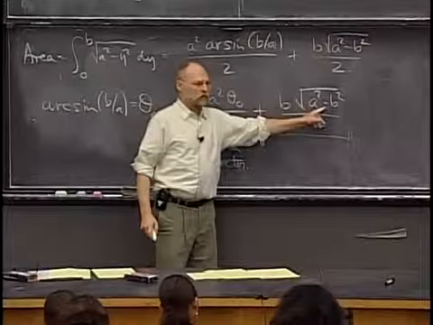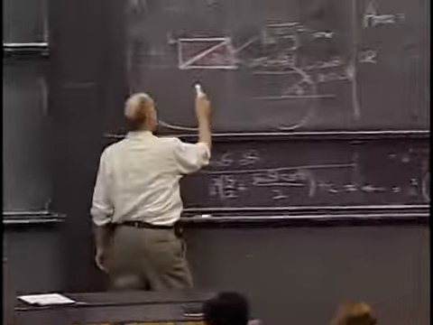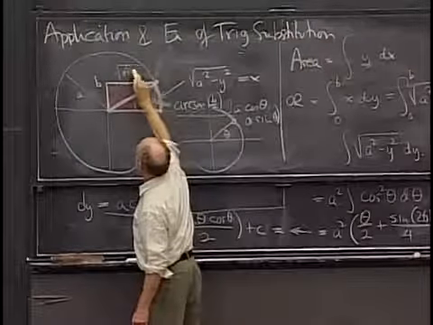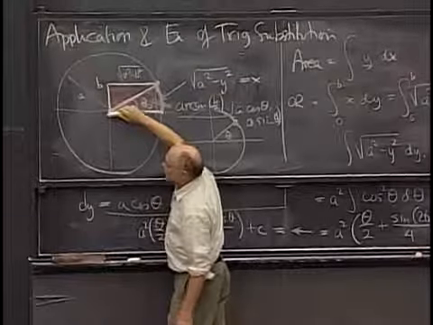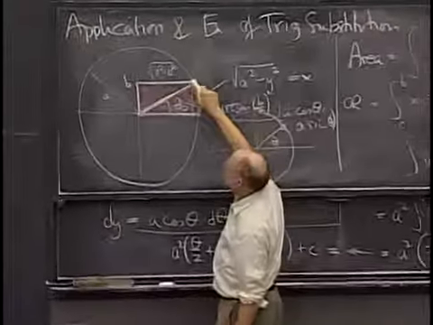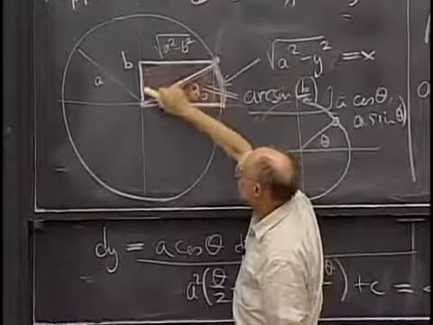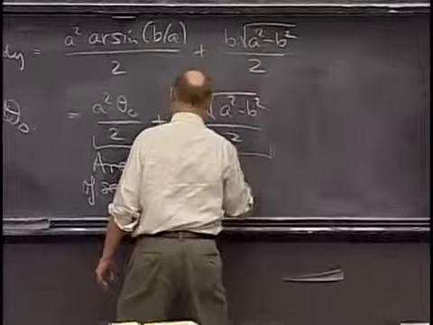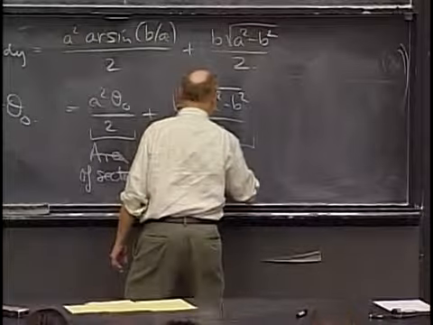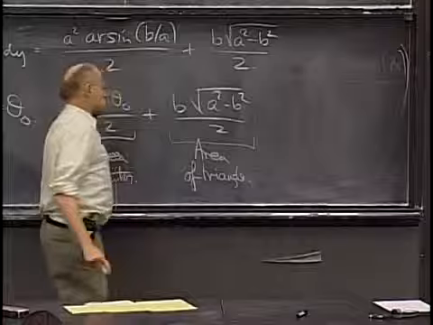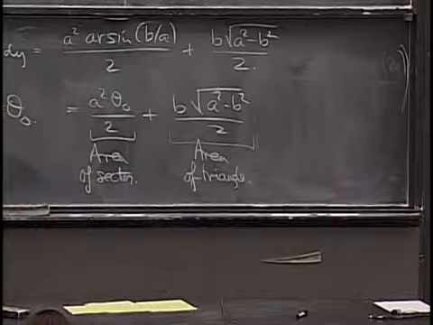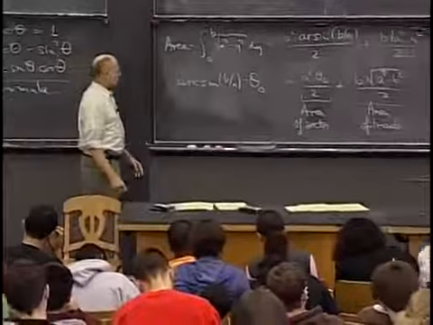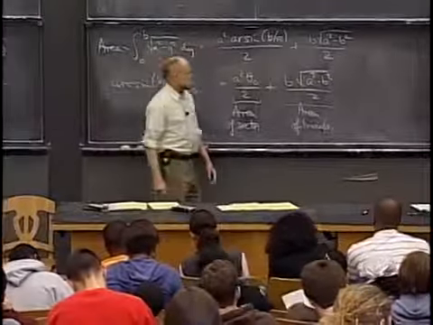This is the horizontal. a squared minus b squared is this distance, square root of a squared minus b squared. So the right-hand term is b times the square root of a squared minus b squared divided by 2. That's the area of that triangle. So using a little bit of geometry gives you the same answer as all of this elaborate calculus. Maybe that's enough cause for celebration for us to quit for today.